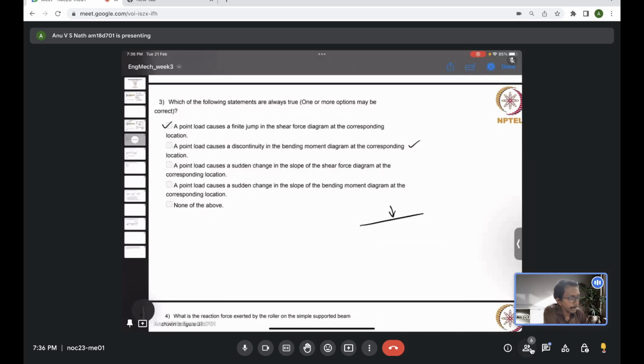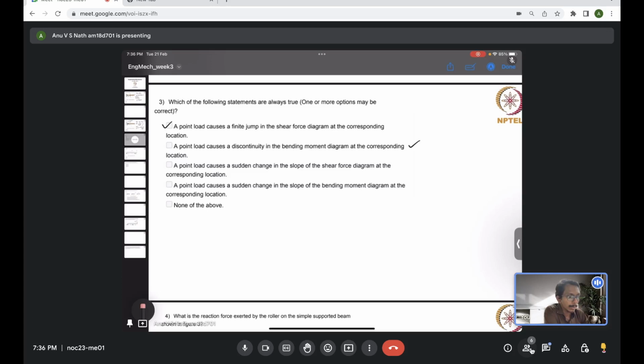The point load is causing the shear force diagram to shift by the amount of the force acting at that particular location. So that is anyway true. The point load at that location is contributing to the shear force at the location we are evaluating.